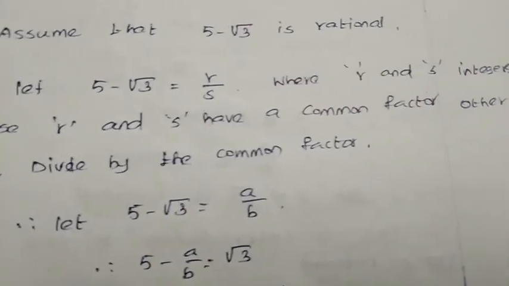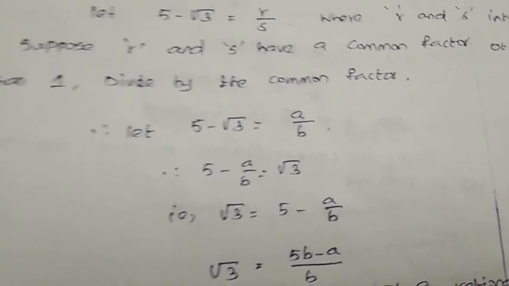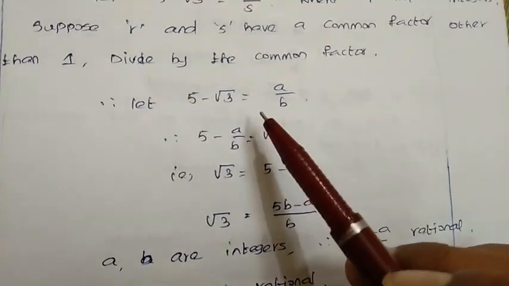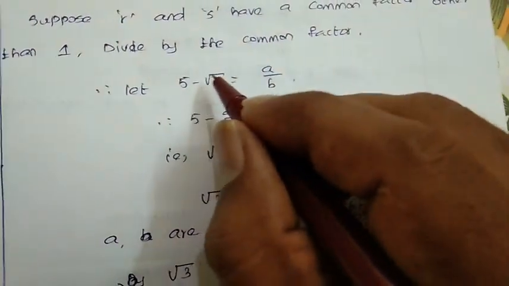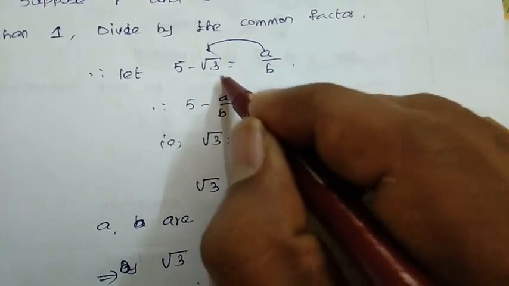Suppose r and s have a common factor other than 1, divide by the common factor, so 5 minus root 3 equals a by b, as given previously. Now 5 minus a by b, that is, we can write this term on the left side and that term on the right side.